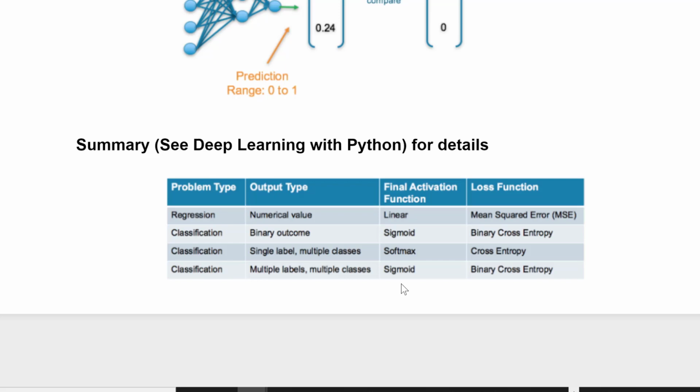And finally, you need to choose the right activation function on the output to ensure that you have the output that matches your problem. And so this is an introduction to Deep Learning with Python, Chapters 2 and 3, and you'll cover that in the book, but this was to give you a quick introduction.